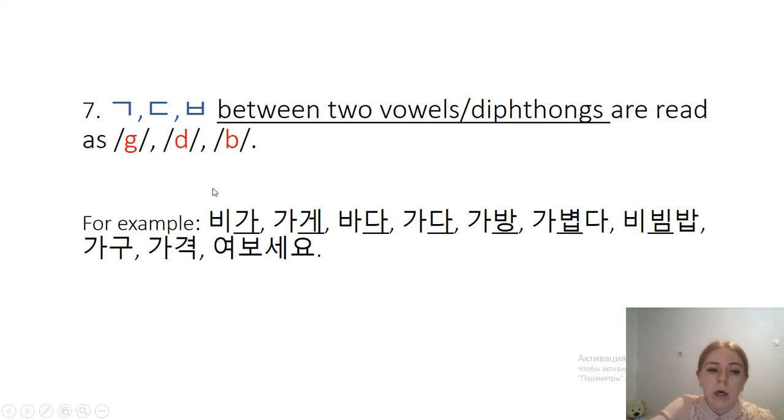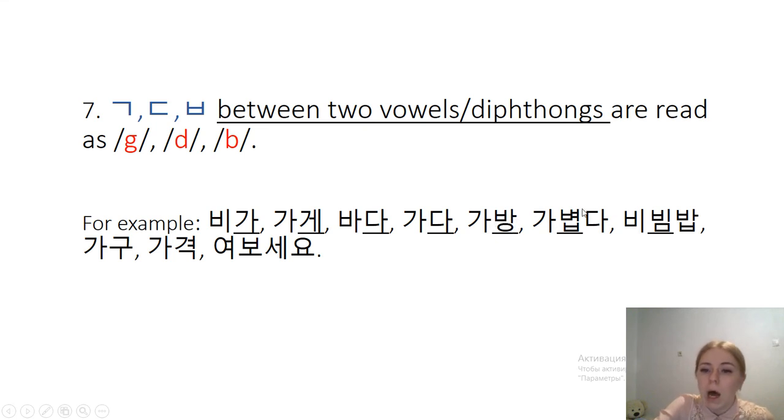So that is why we read these words in this way. So it's 비가, 가게, 바다, 가다, the same da. We read da because there are two a. 가방, b, because it is in the middle of two vowels.